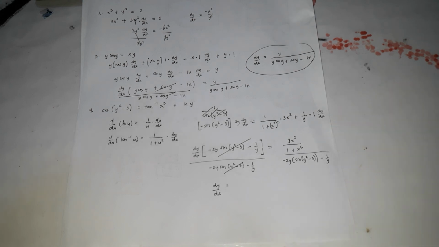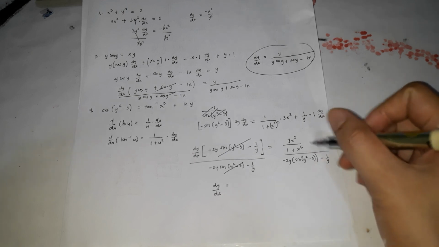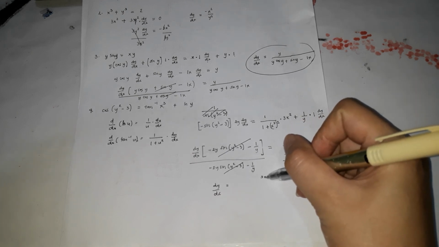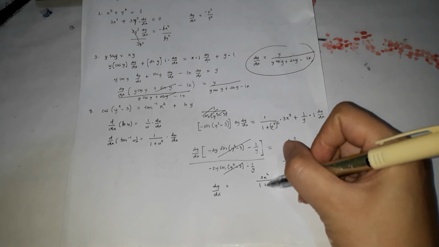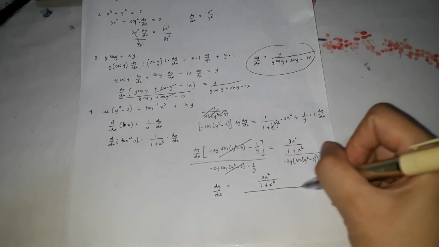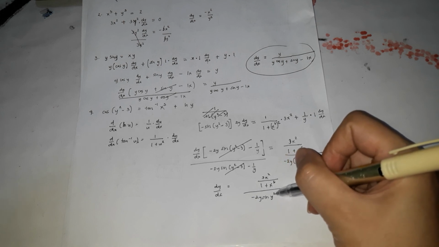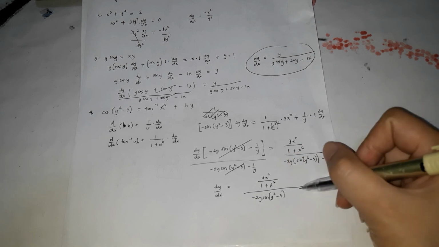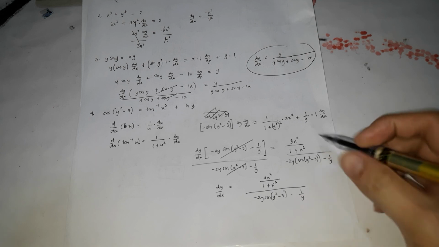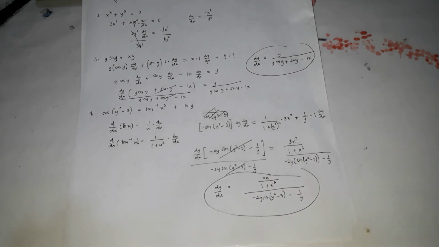Ang mangyari niyan, this is the answer: 3x squared over 1 plus x to the 6 over negative 2y sine y squared minus 3 minus 1 over y. So this is the answer. That's how you're going to do or illustrate the implicit differentiation.